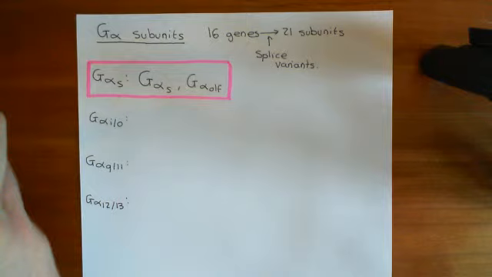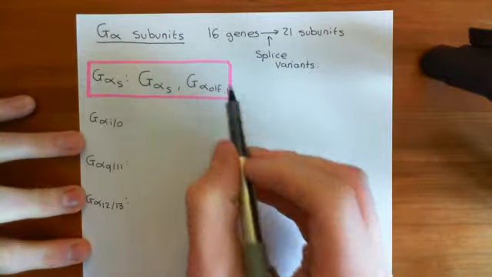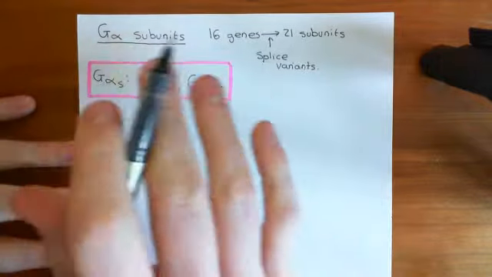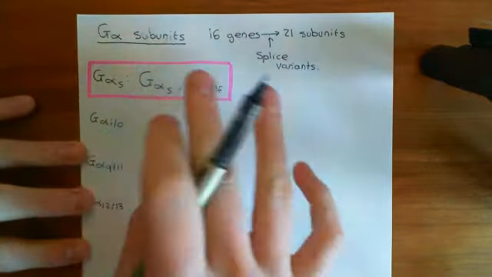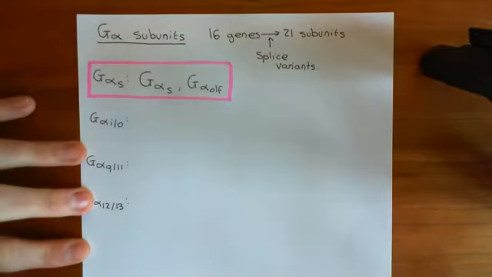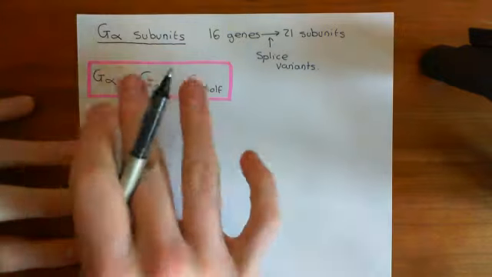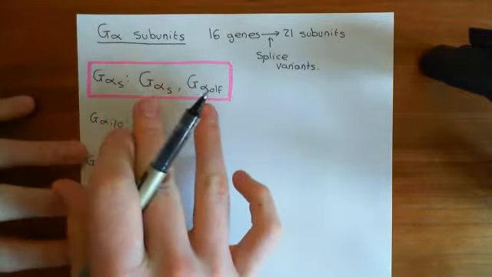All of the splice variants of G alpha S and the 1 splice variant of G alpha olf, when they are activated, so they have these 2 states, the off state and the on state, when they're in the on state and have guanosine triphosphate bound to them, these alpha subunits go off and activate adenylyl cyclase enzymes.